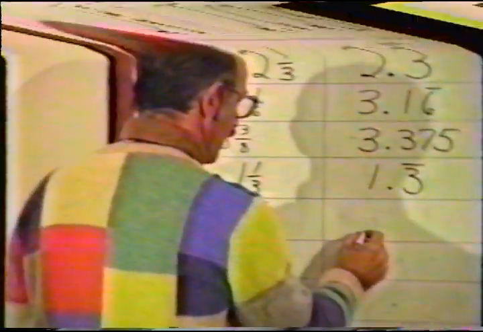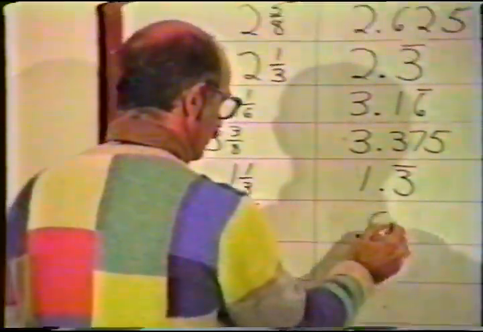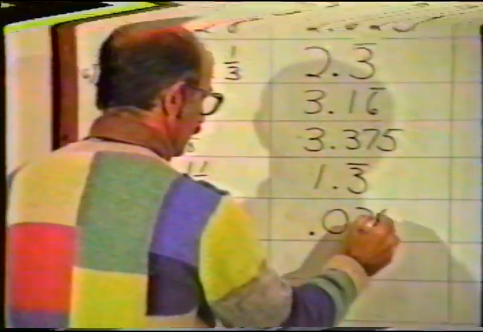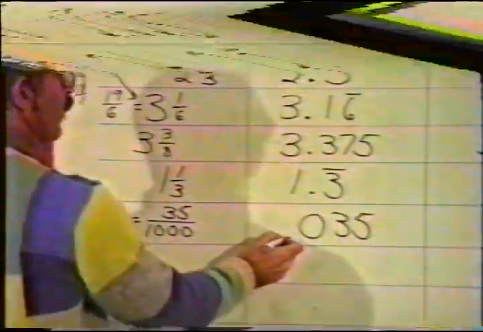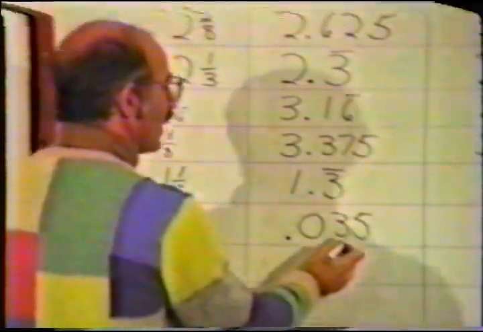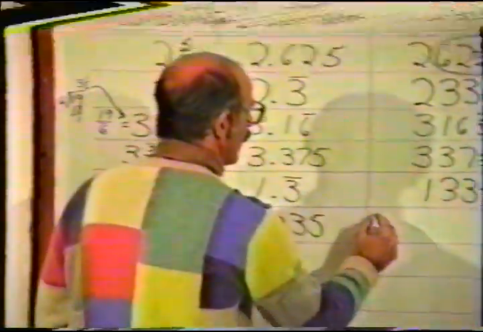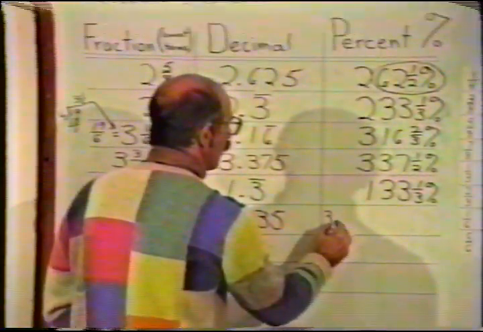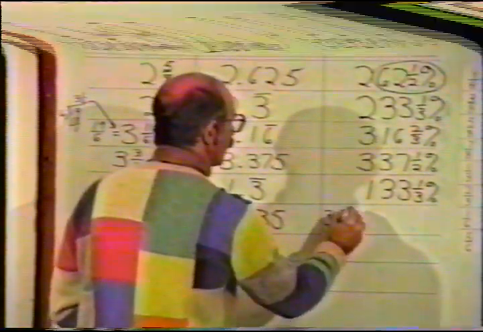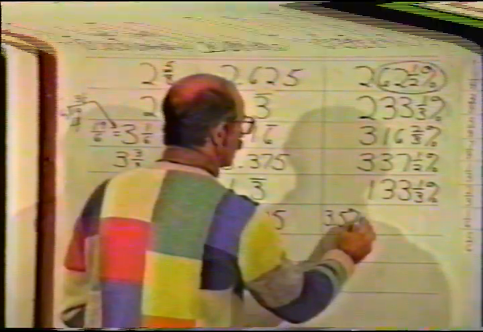How do I write that as a decimal? I say 0.035, and I move my decimal point 2 places to the right, in between the 3 and the 5, and I get 3.5%.